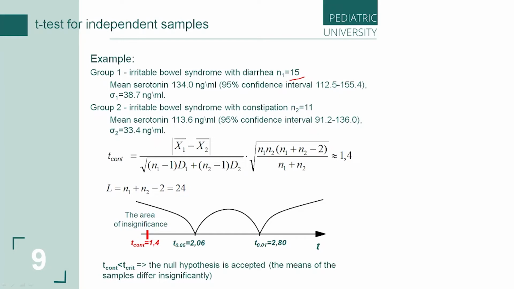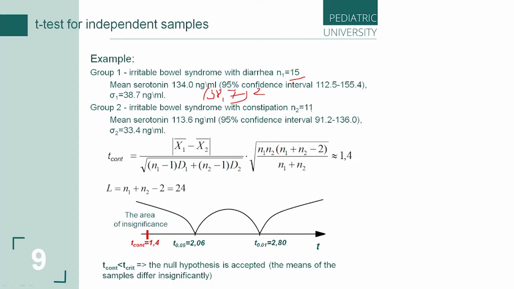The sample variance of the first group is 38.7, and we must square it.